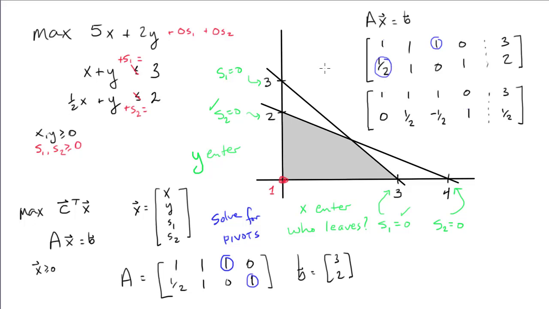To solve for the second row, scale so that I have 1 as my coefficient. And I'm going to do this to every row, so every row has a 1. Then I subtract.